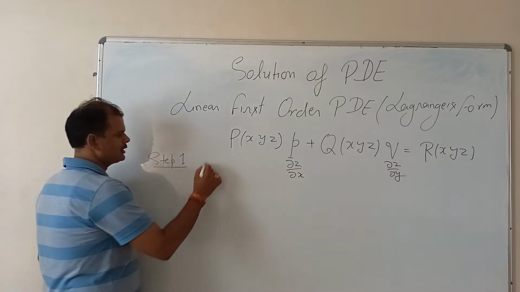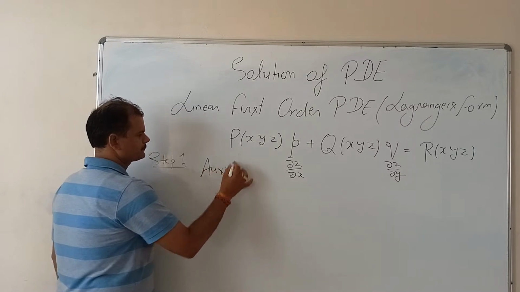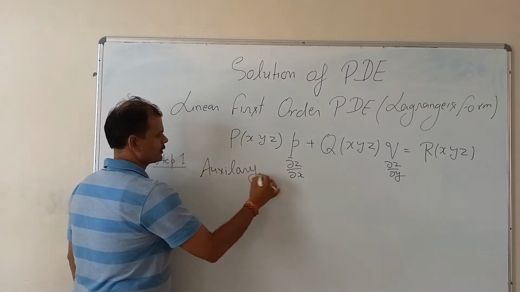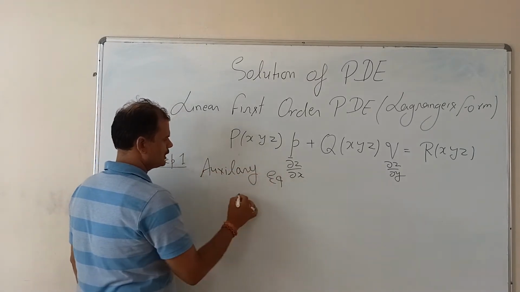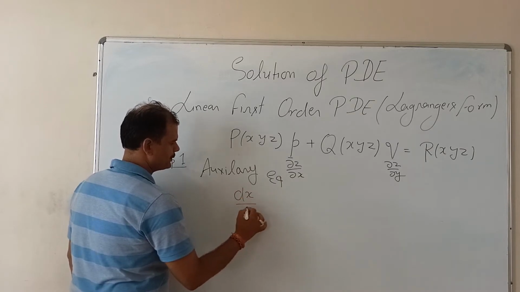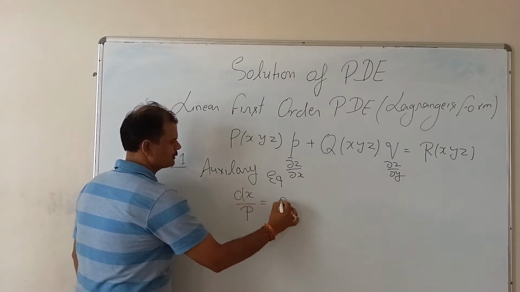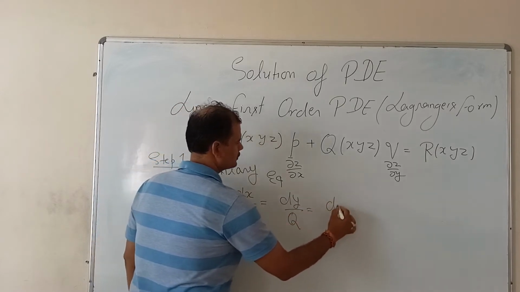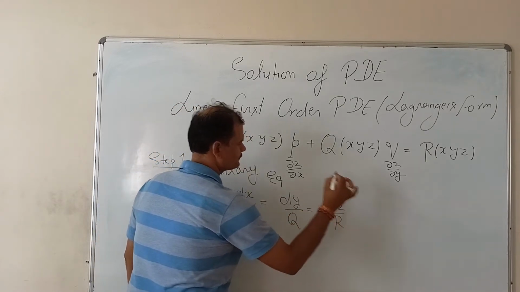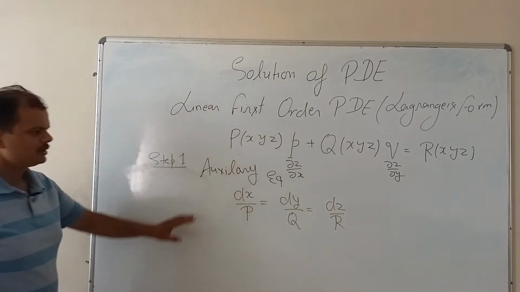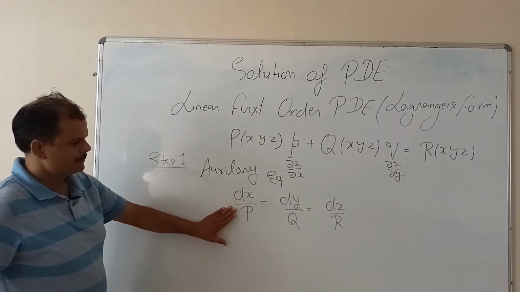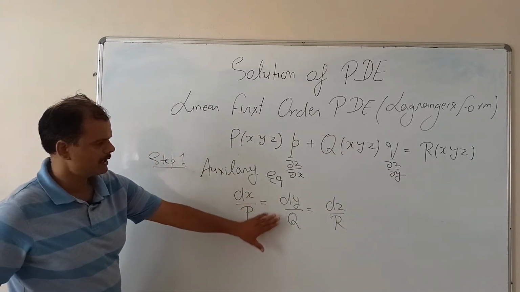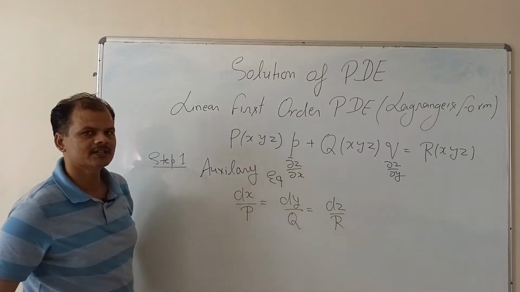So your auxiliary equation will be dx by P equal to dy by Q equal to dz by R.